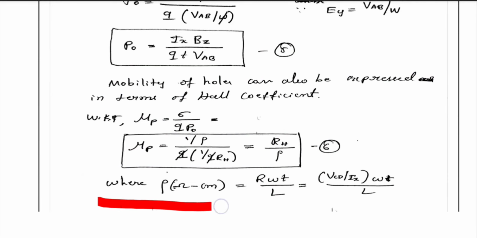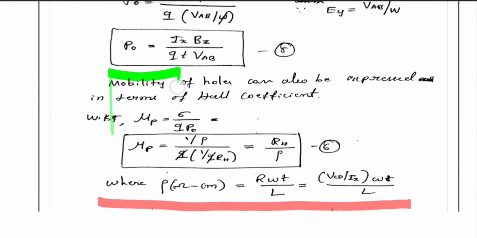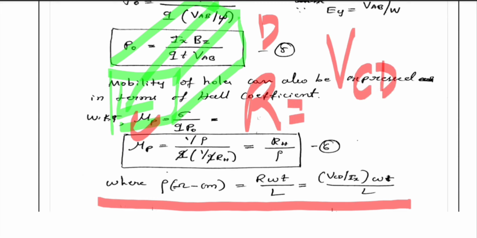Resistivity is equal to resistance into area divided by length. So for this particular semiconductor bar which we are considering, this is the flow of current and the voltage across these two points is VCD. So resistance R is equal to voltage across CD, VCD, divided by current, by Ohm's law.